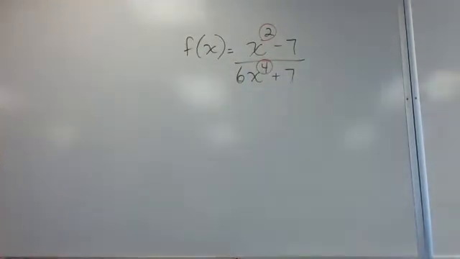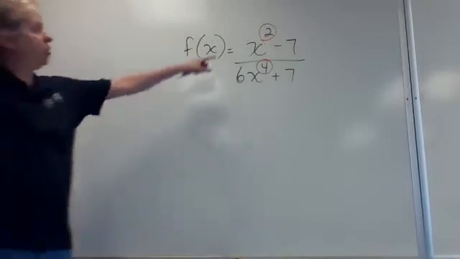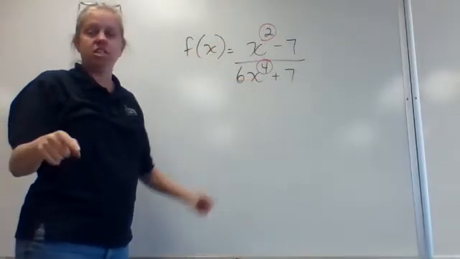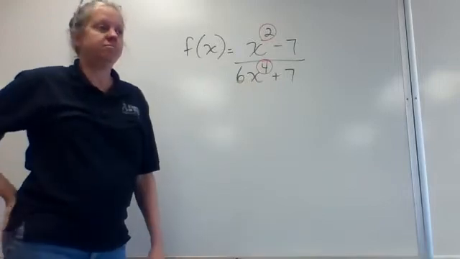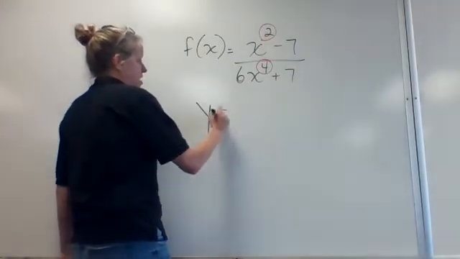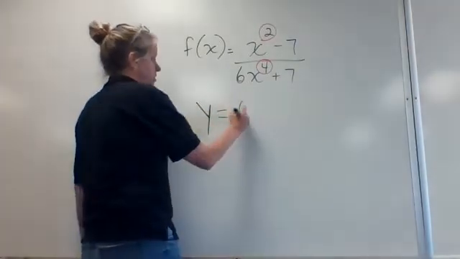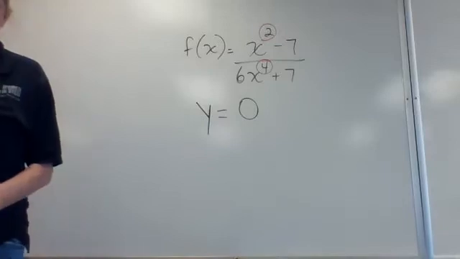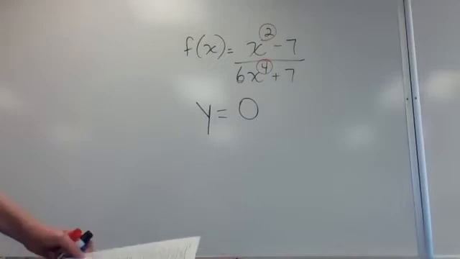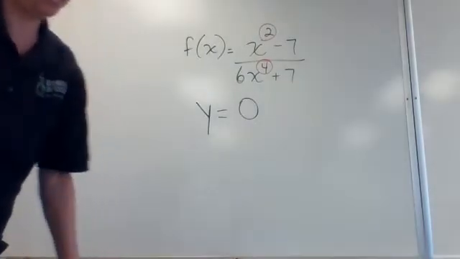So which category does that put you in? The numerator is less than the denominator, which is the A category, right? Which means your horizontal asymptote is automatically y equals 0. All right, number 13.